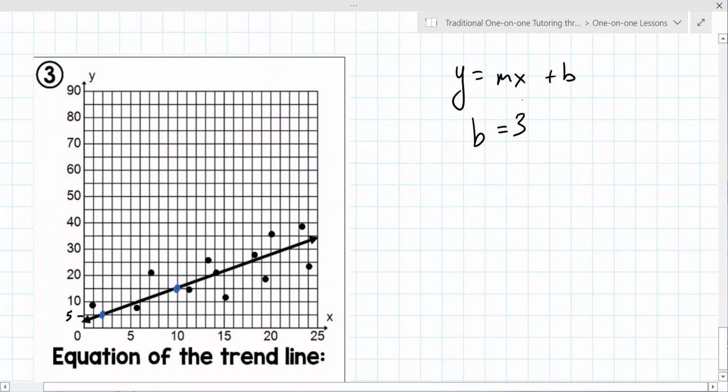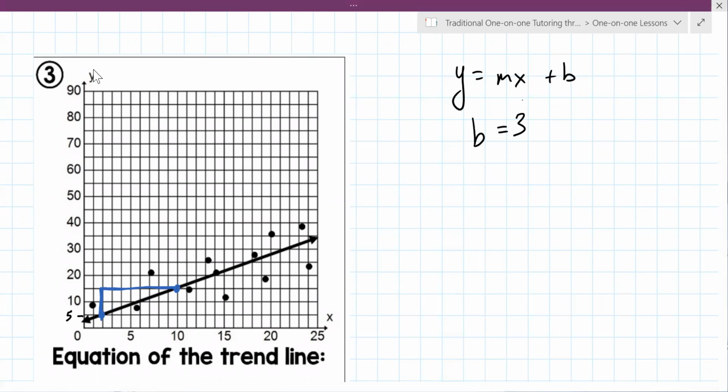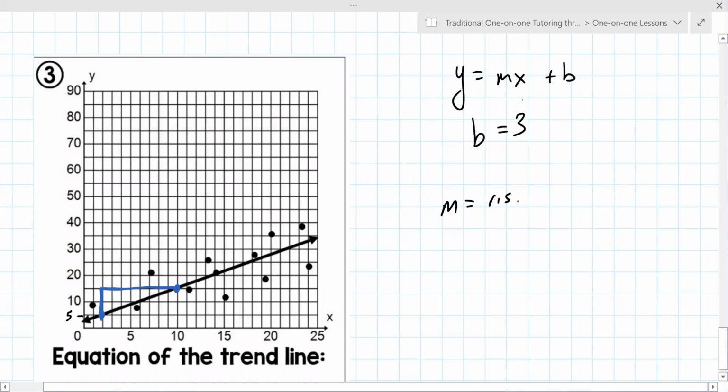This time, though, I'm going to draw a triangle. I'm going to go rise and then run. So how much up am I going? Well, each of the grids is 5, so it's 5, 5, that's 10. So your slope is really your rise over your run, and you're going up 10. This blue dot up to here is up 10, and then you're running to the right. Looks like you're running 8.